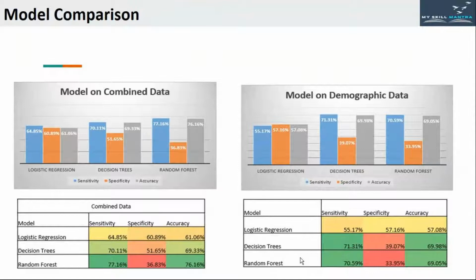Right then. So in the model comparison phase, we use various kinds of evaluation metrics to decipher which is the best performing model. In our case, we used three metrics, essentially sensitivity, specificity, and accuracy, to compare the models, that is, which one is faring better.